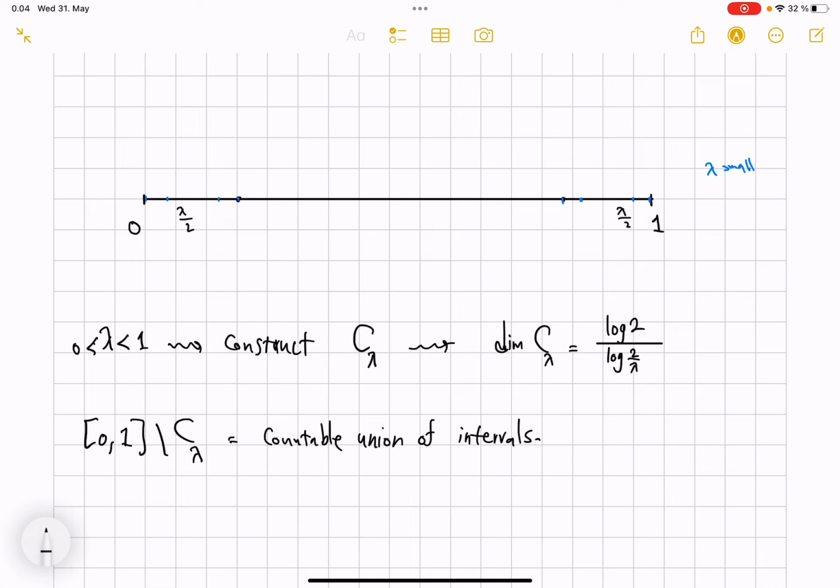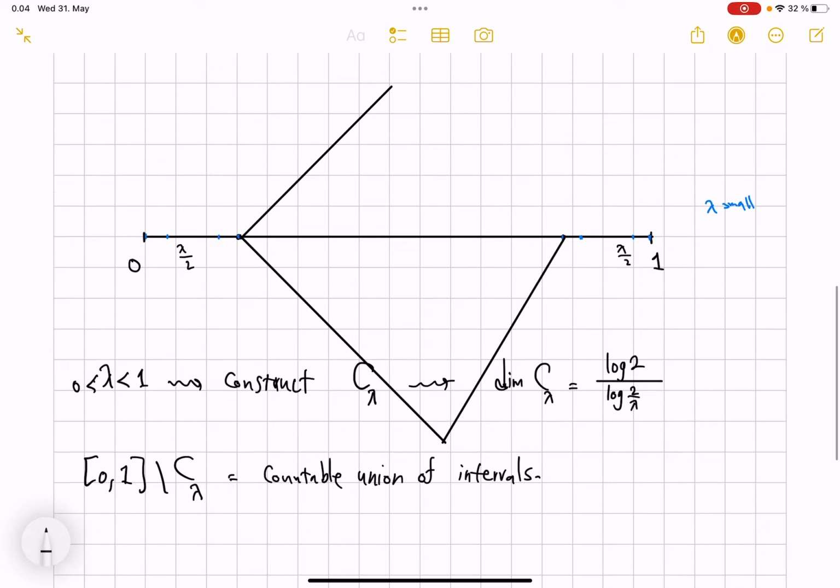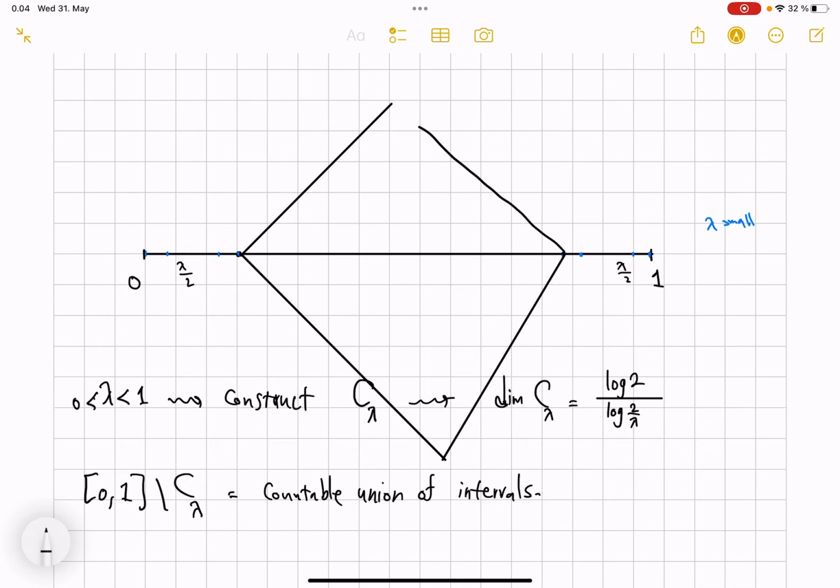And what Koskela and MacManus did was, for each of those intervals that are removed, you place a square on top, with that removed segment being its diagonal, which doesn't seem to be working here. What happened? Wait a second. Okay, so I'm having difficulty drawing squares.